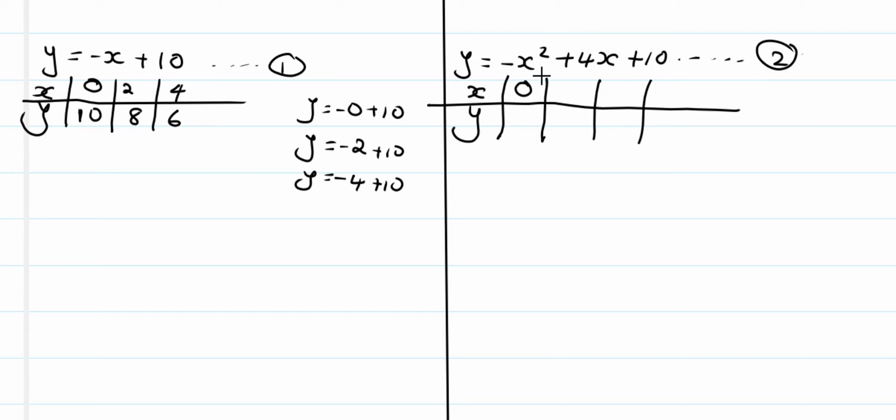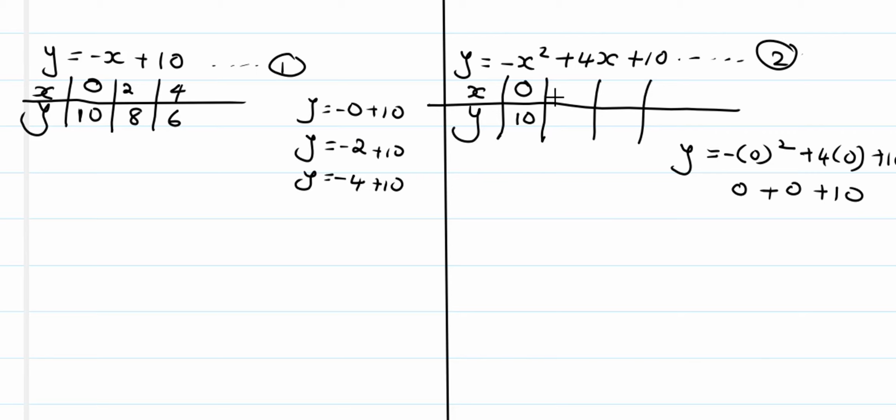Then y = -0² + 4 × 0 + 10. 0 squared is 0, and multiplied by negative is still 0. 0 plus 4 multiplied by 0 is 0, then plus 10. So y becomes 10.